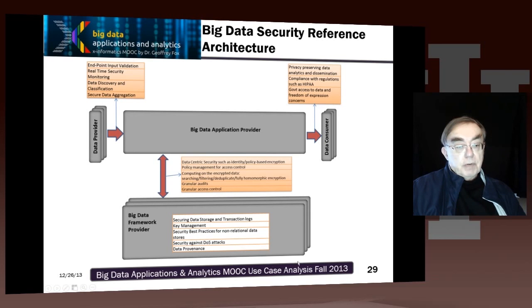And while it's running, we have to worry about denial of service, DOS attacks. And all of this has to have provenance attached to it. So that's how the reference architecture is mapped into some of the key security areas.